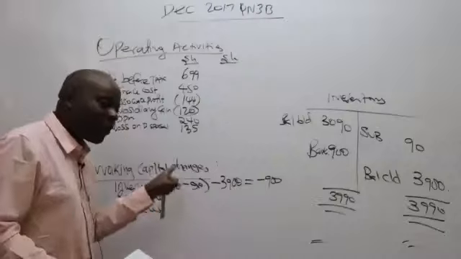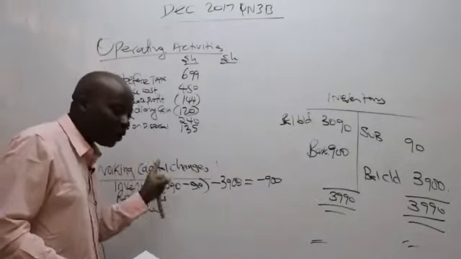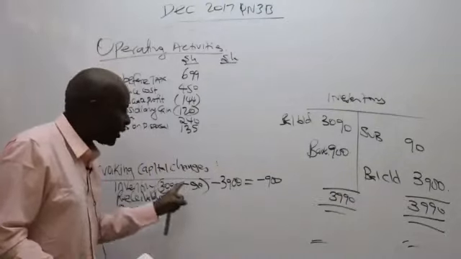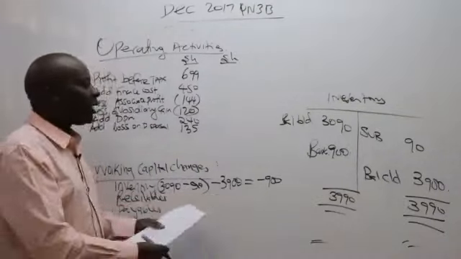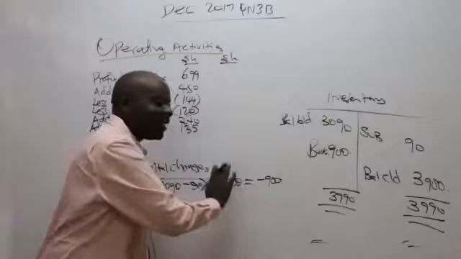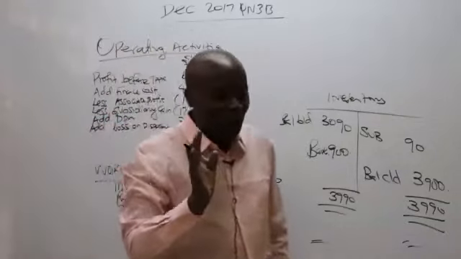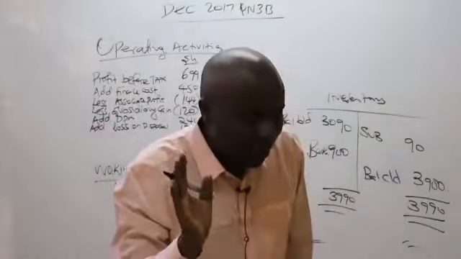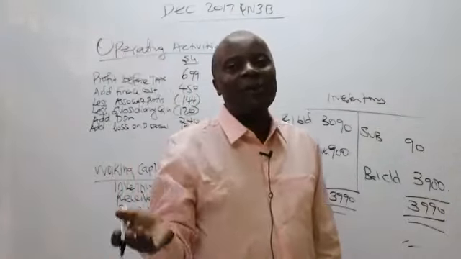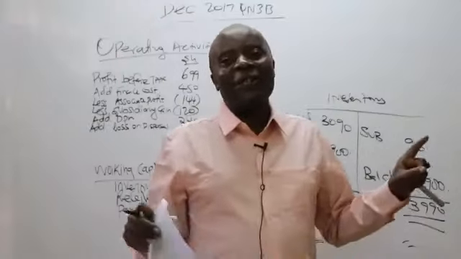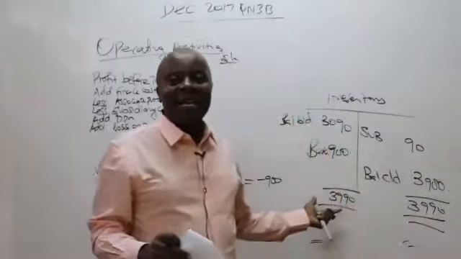So I make all my adjustments to the opening figures, and then I subtract the closing. And if I get this figure as minus 900, I will not start asking questions about what happened to working capital. No. If I get a minus figure, that is it. I know it is a cash outflow.